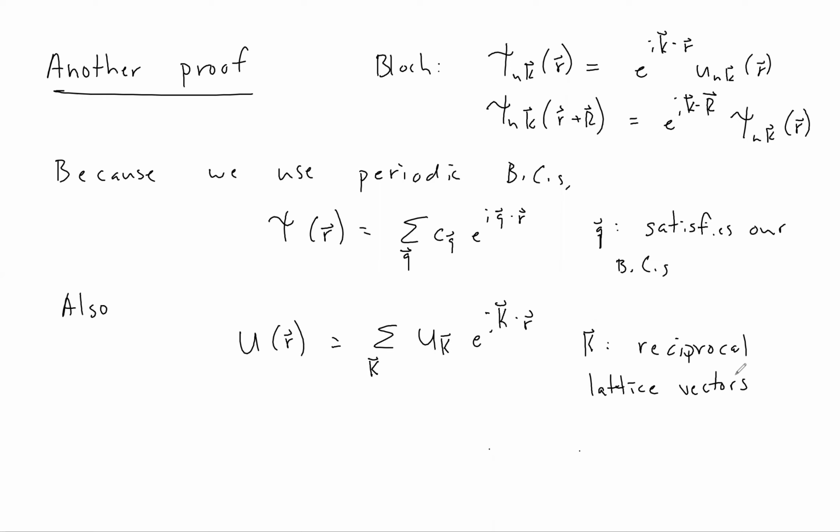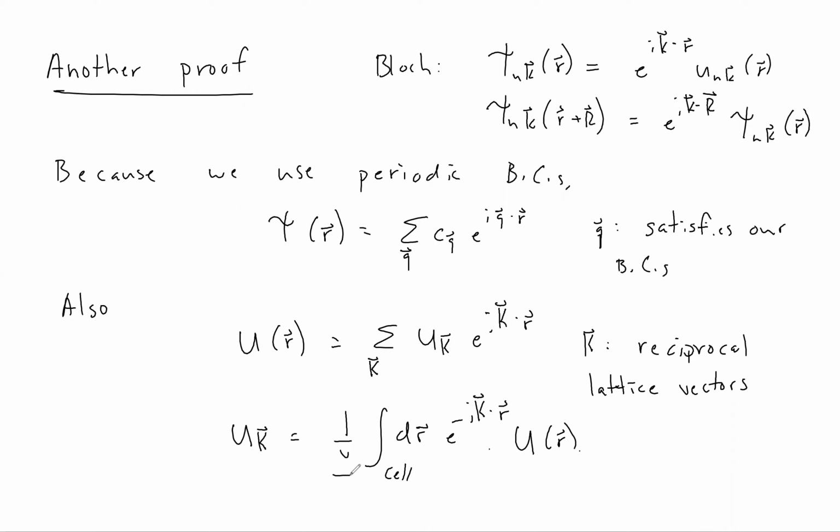This is the natural basis because these are the wave vectors that give plane waves with the periodicity of the lattice. Here, the Fourier coefficient u of k is equal to the integral of e to the minus i k dot r times the potential u of r, where the integral goes over the real space primitive cell and where we've normalized by the volume of that primitive cell.